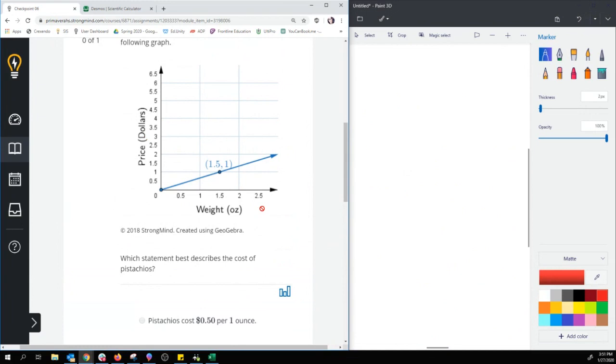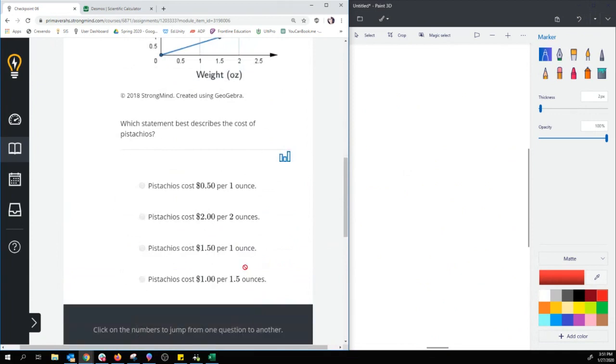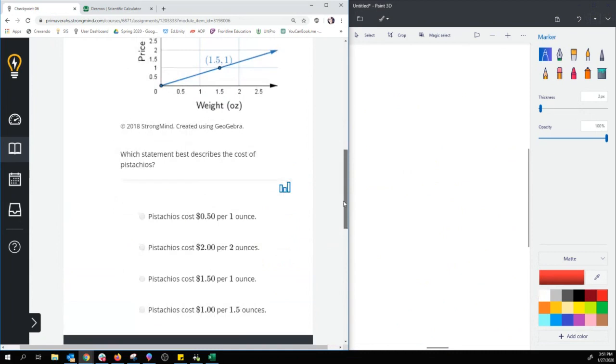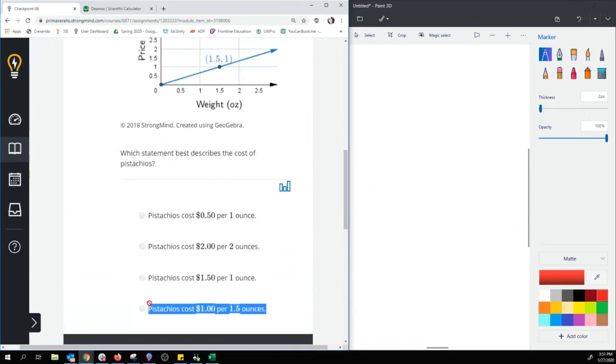Talking about weights, perfect. So when I'm reading all of these situations, I want my 1.5 to have the word ounces next to it. So which one of these is the only one that could work for this situation? The fourth one, the bottom one, this one, perfect.